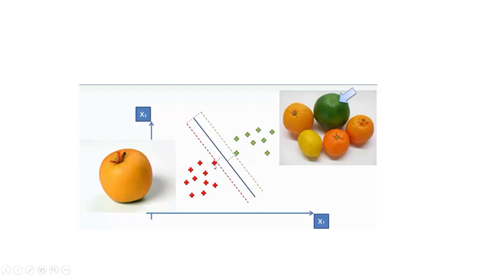So here it is depicted like this: all these green dots are the oranges, and these red dots are all the apples. But for these two points, maybe this apple's color is not red, it is near orange. So this point may lie in this segment.